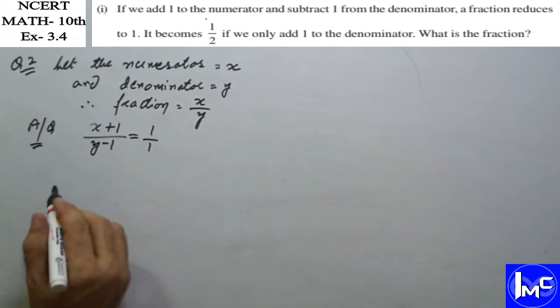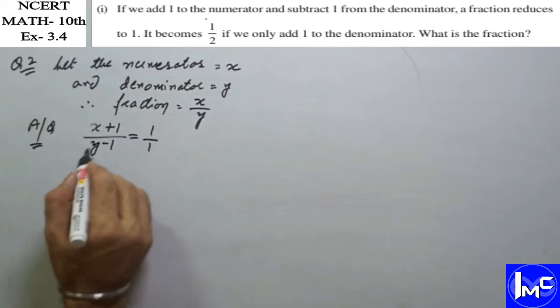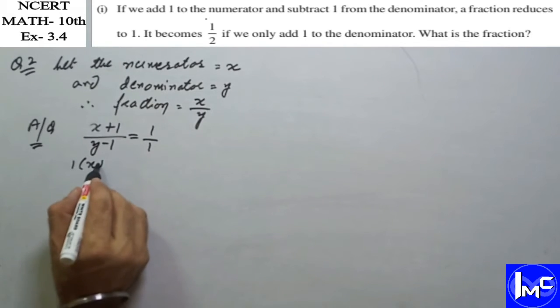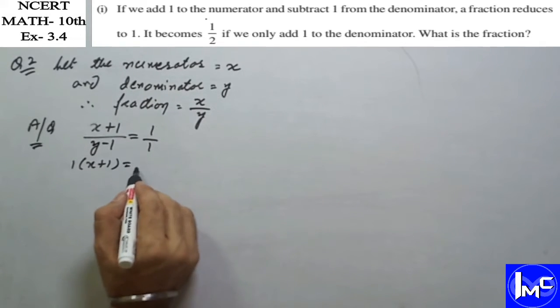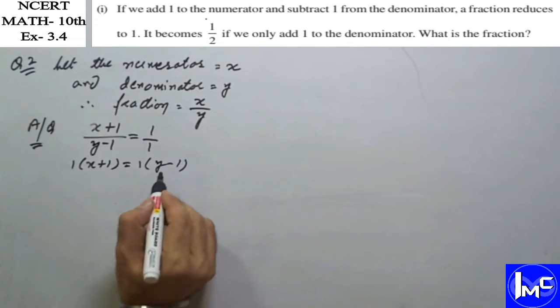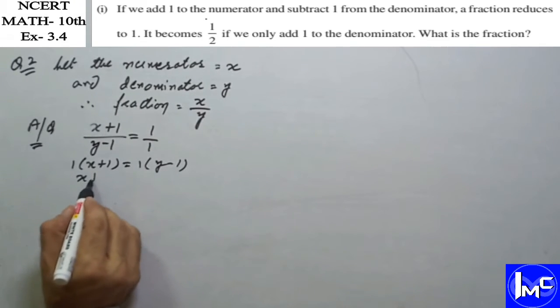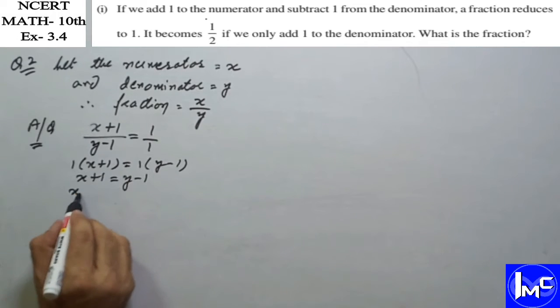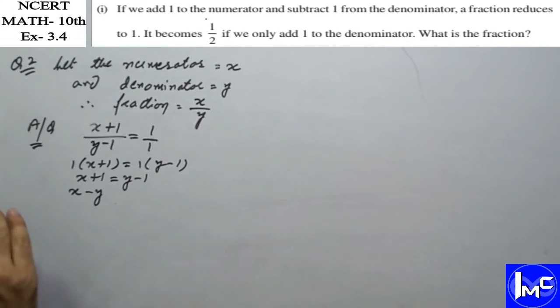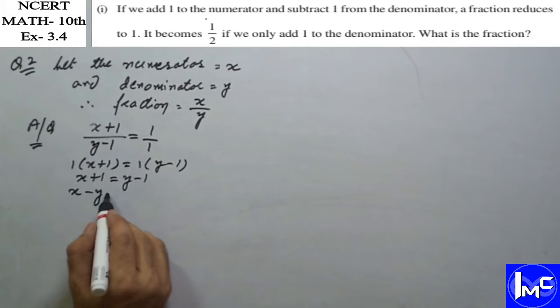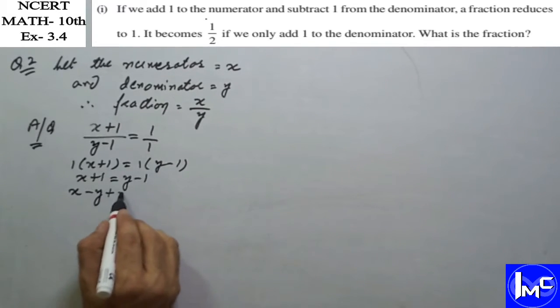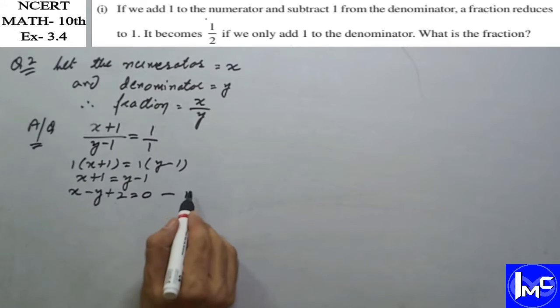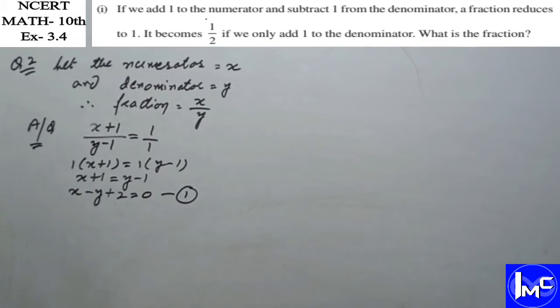By simplifying, I will get the equation by cross multiplication: 1 into x plus 1, 1 into y minus 1, so x plus 1 is equal to y minus 1, and so x minus y plus 2 is equal to 0. This is our first equation.